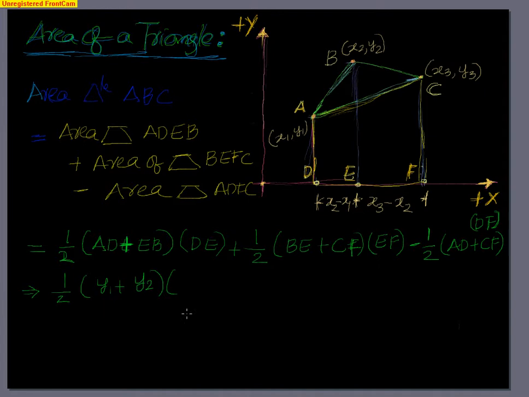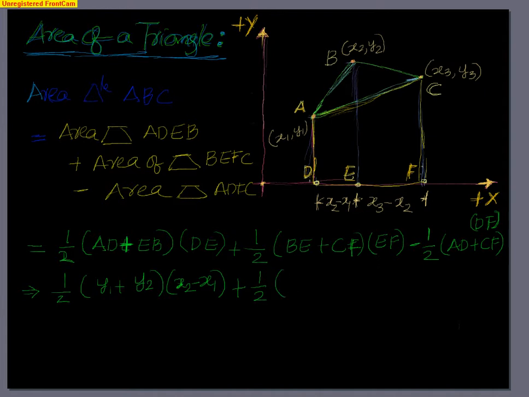DE. What is DE? See here, A's x coordinate is x1, B's x coordinate is x2. So the horizontal distance difference is x2 minus x1, plus half into, similarly what is BE plus CF?